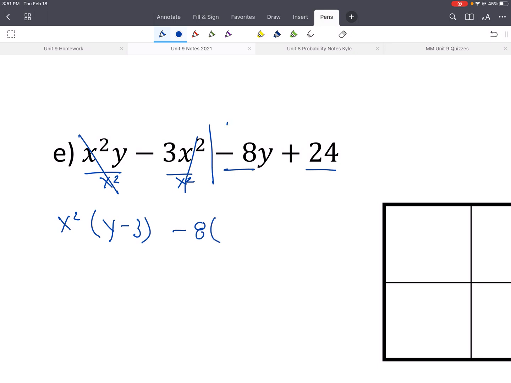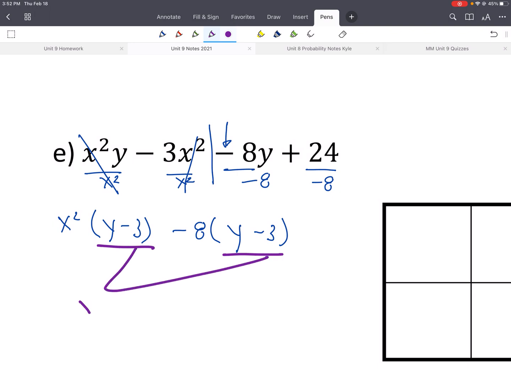Okay, again, if we have a leading negative, we'll need to make sure we take that out. So we'll divide everything by a negative 8, and we get a positive y minus 3. Okay, we know we got it right because the two parentheses are the same. We can factor those out to the front, and then we'll write down what's left behind. So we have an x squared and a minus 8.